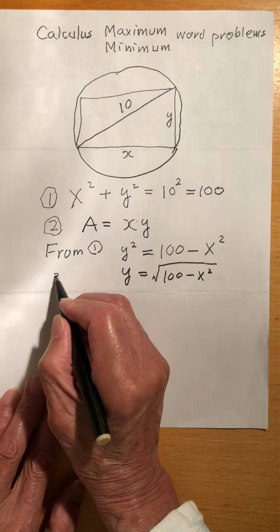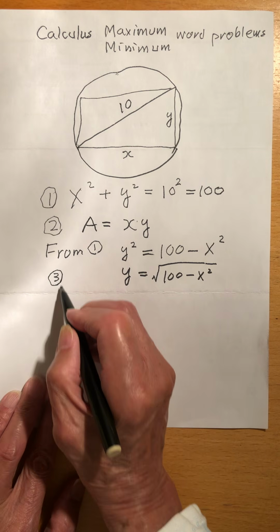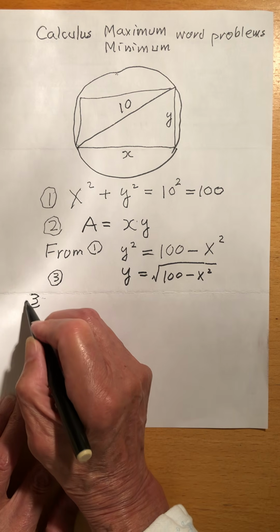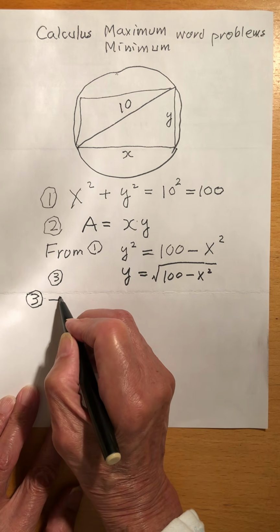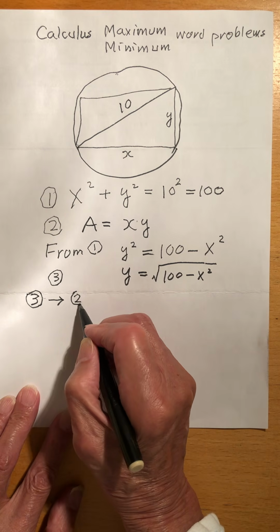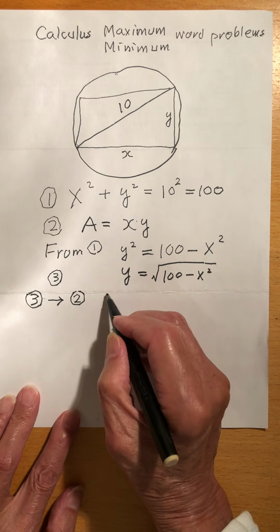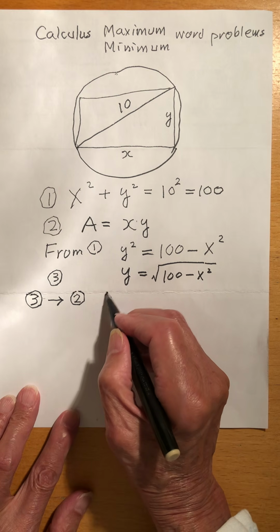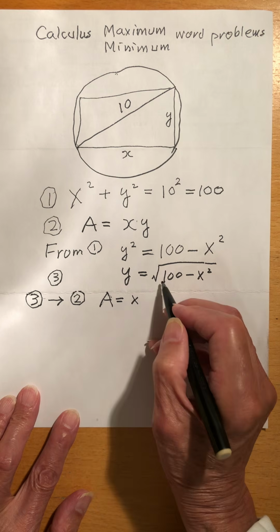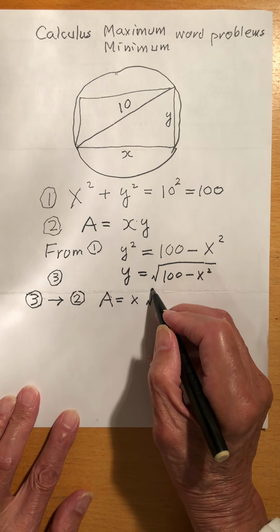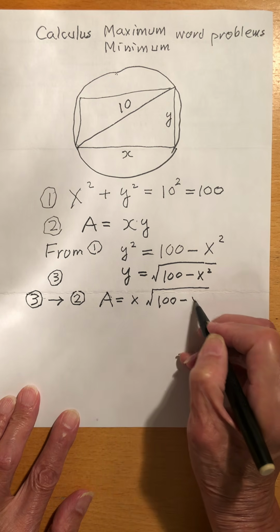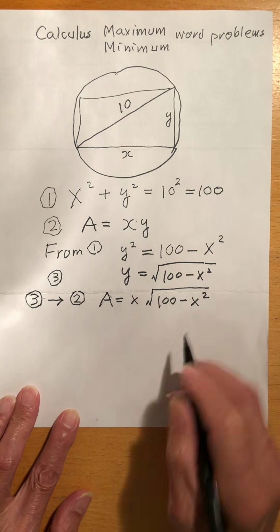This is my 3. I substitute 3 into 2. Then I have the area equals x times the square root of 100 minus x squared. So this is my area.